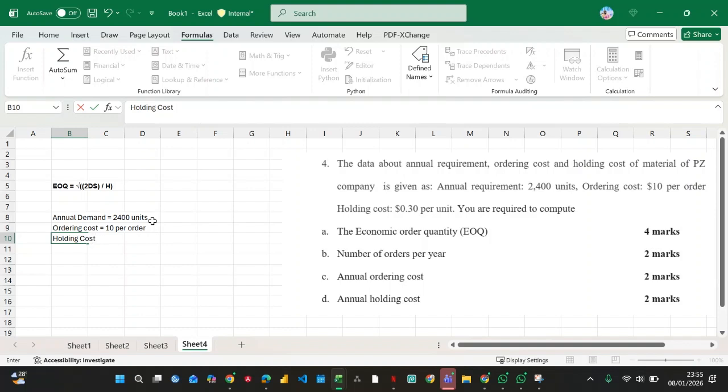And our holding cost, H, is equal to 0.30 per unit per year.